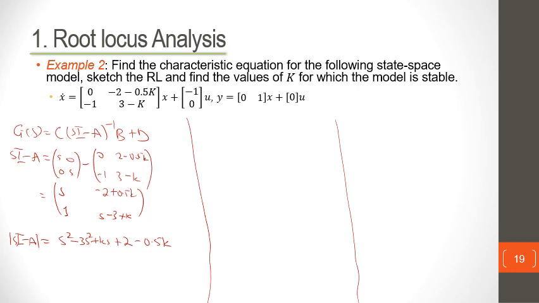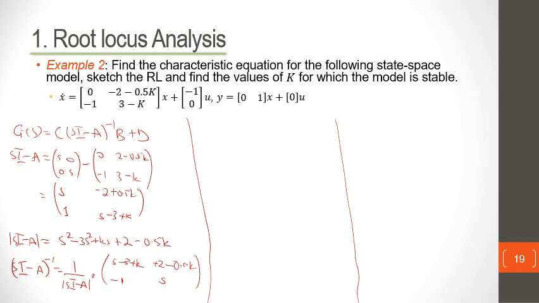Now the inverse of sI minus A is going to be 1 over the determinant, times the negative of that, the negative of 0.5K. Yes, so you swap the main diagonal and then you negate the other diagonal.